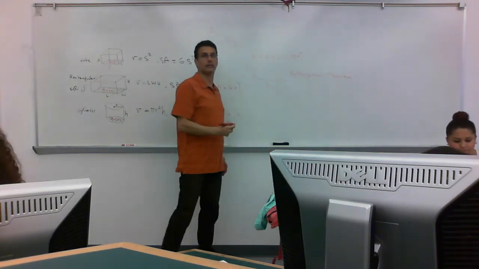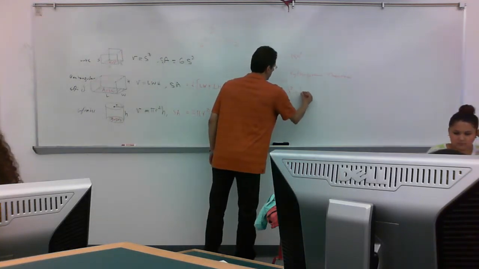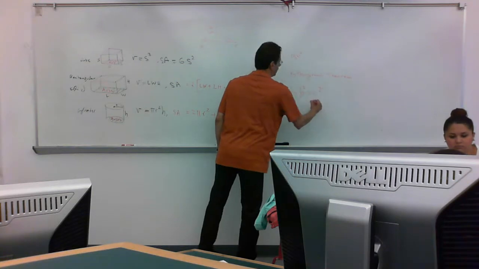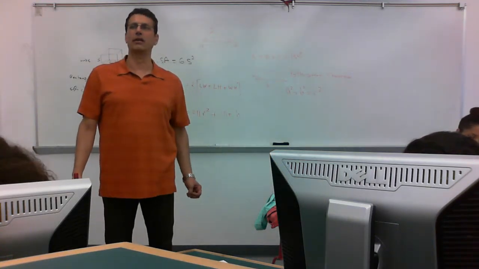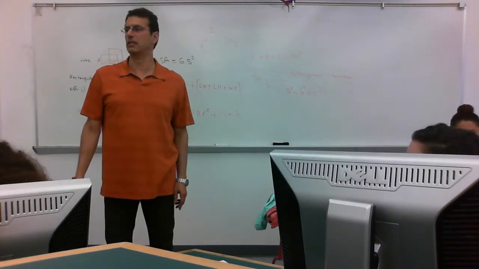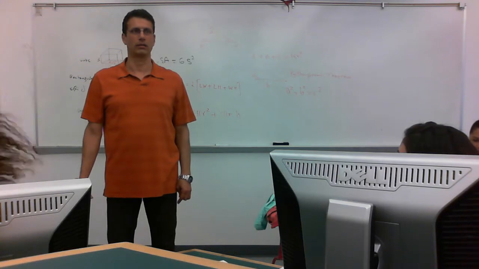What is that? A squared plus B squared equals C squared. What does it mean? If I have been given two sides, I can find the missing one. Right, class? Does that work for everybody?